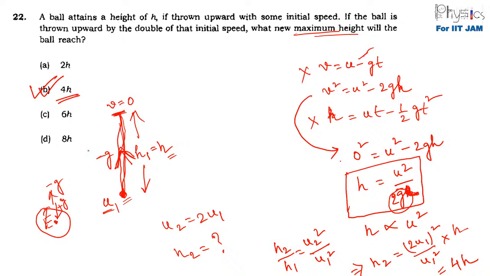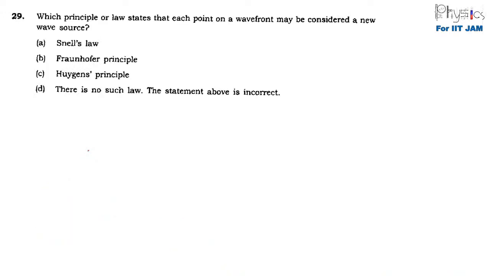Okay, I am going to the next problem. This is our next problem from light or optics, as you say. So here the question is, which principle or law states that each point on a wavefront may be considered a new wave source?